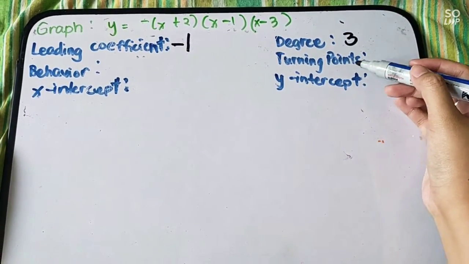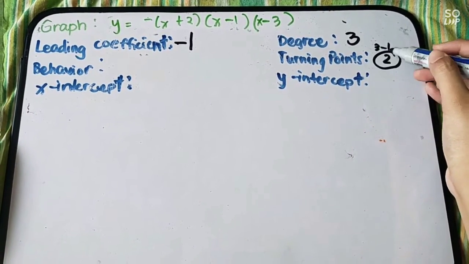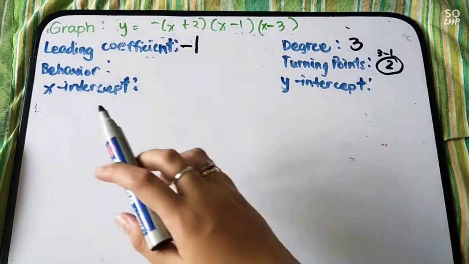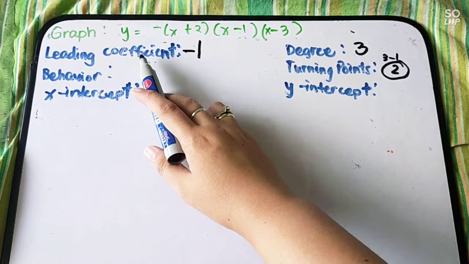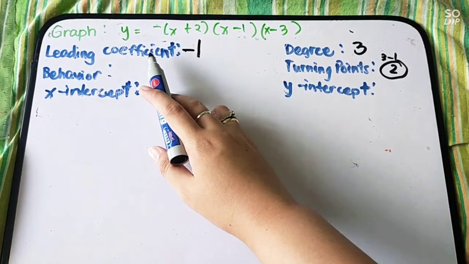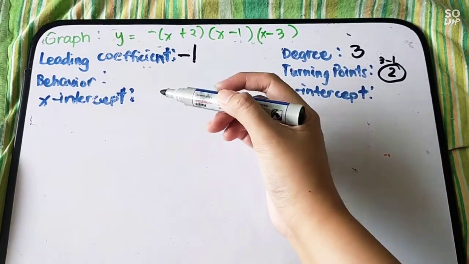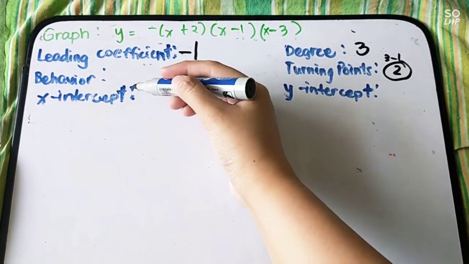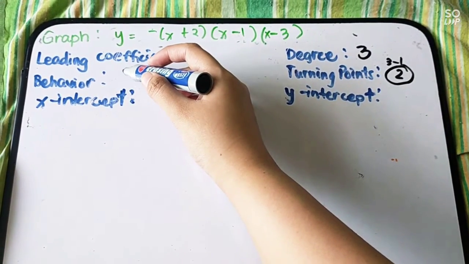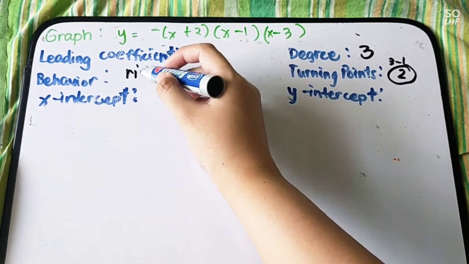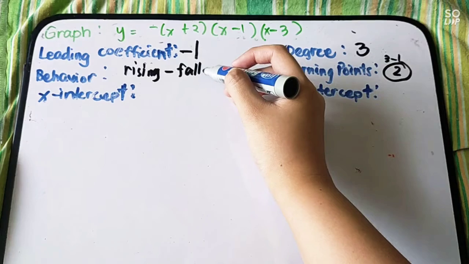So, the degree is 3. Therefore, ang turning points natin ay 3 minus 1, we have 2. 2 is the turning points. Then, our behavior, so since negative yung ating leading coefficient, and then, ang kanyang degree is odd, therefore, ang ating behavior is sa left ay rising, then falling sa right.